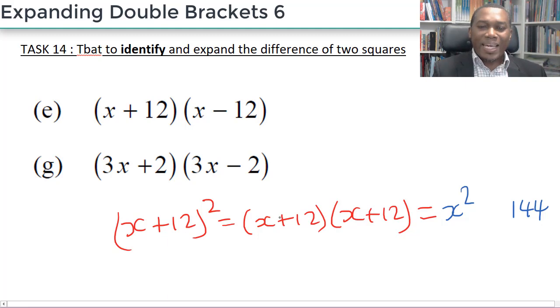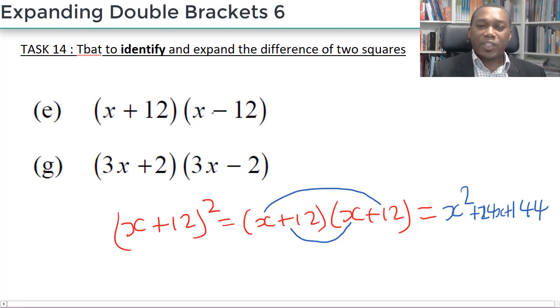And then because it's the same sign, what was the effect? We would have x multiplied by 12, 12x, and then another 12x. In other words, the middle term was double the product. 12x doubled gives me positive 24x. That's what was happening before.